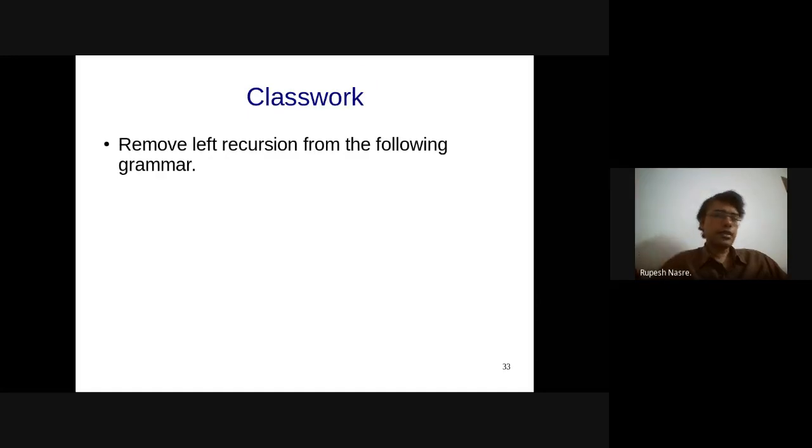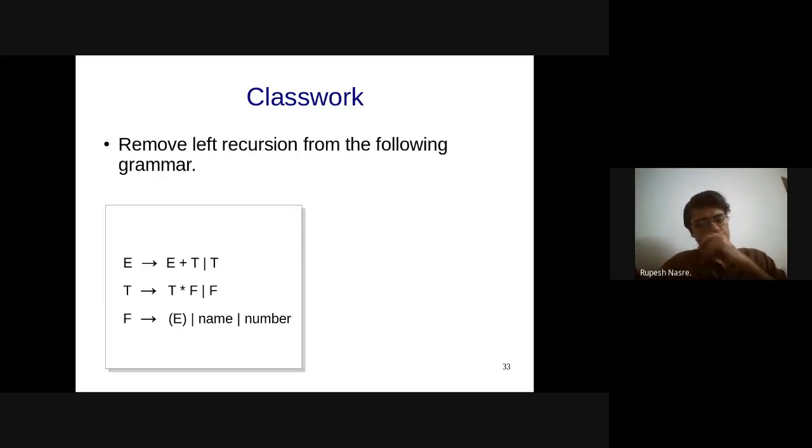Okay, so let's try to do that for the expression grammar. We have this grammar E derives E plus T or T and so on, and I want to remove left recursion. This definitely has left recursion, so we said it is not suitable for top-down parsing. I would like to remove that. Can somebody tell me how this should look?